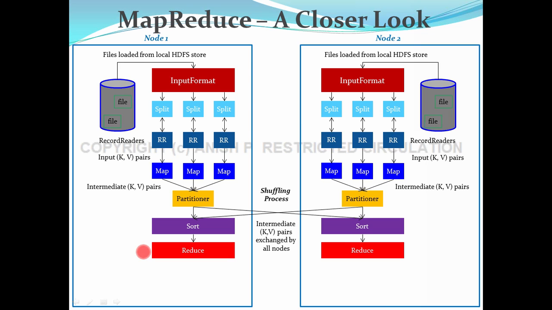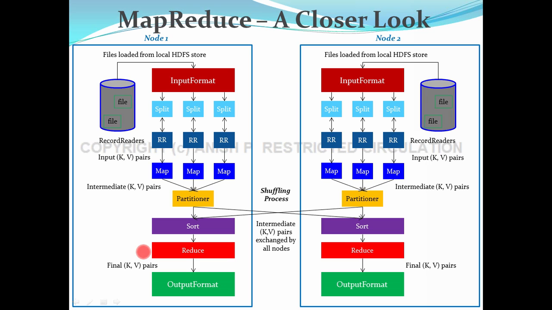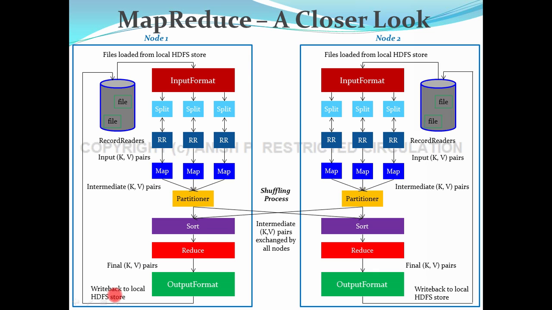After the reducer, the data will be given as input to the output format. So guys, you can simply understand output format as the counterpart of input format. Input format defines how to read the data, output format defines how to write the data. And I'll have a RecordWriter, which will write the data to the HDFS store.